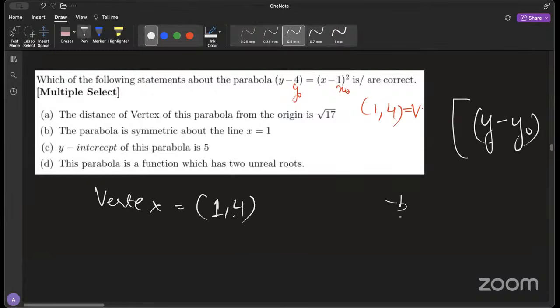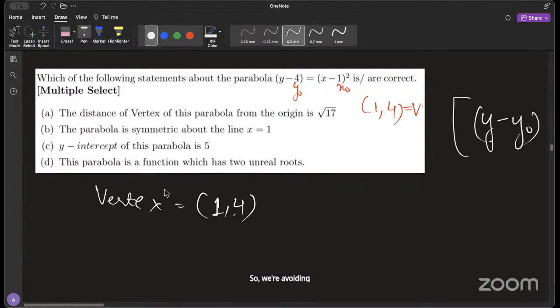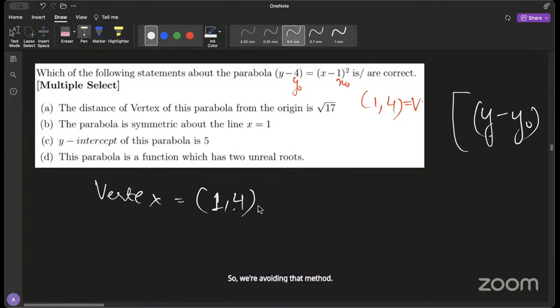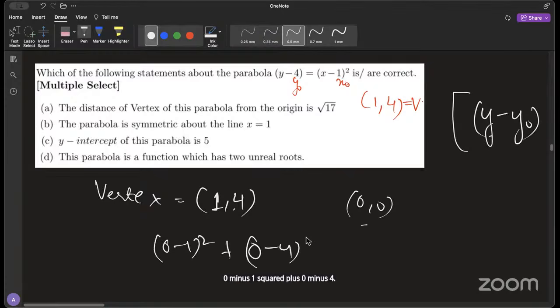You can do it the minus b by 2a way too, but it's going to take time, especially in this case. So we're avoiding that method. And then the distance of this point from origin, from 0, 0, is the square root of (0 minus 1) squared plus (0 minus 4) squared, right?